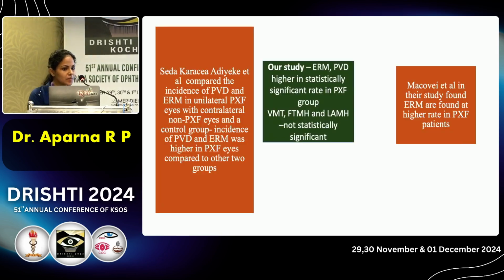In a similar study by Seda Karaca et al., where they compared the incidence of posterior vitreous detachment and epiretinal membrane in unilateral pseudoexfoliative eyes with the contralateral eye and another control group, they found the rates were higher in the pseudoexfoliation group. In another study by McAvoy et al., epiretinal membrane was found at a higher rate in pseudoexfoliation patients. And in our study, we analyzed all the vitreoretinal interface disorders, and we found epiretinal membrane and posterior vitreous detachment at a higher rate in the pseudoexfoliation group.